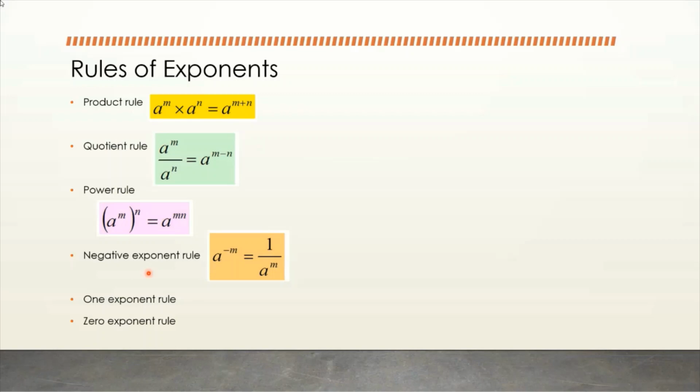But anyways, reciprocal, you can flip it, or you can just put it 1 over that. The one exponent rule is dealing with 1. Any base raised to the first power is that number. And the 0 exponent rule is anything raised to the 0 power is 1.